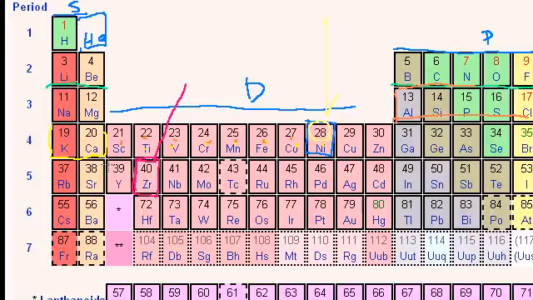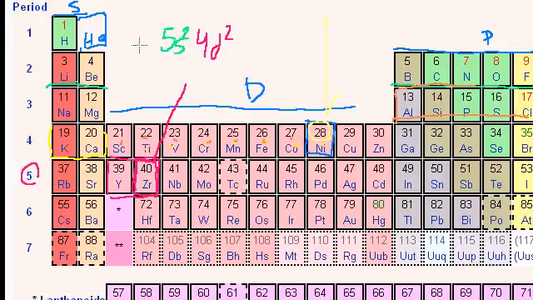So you immediately say, okay, I'm filling in 2d there, but remember, for d you go 1 period below, so this is 4d2, because the period is 5. And before that, you filled out the 5s2 electrons. And then you could keep going backwards.